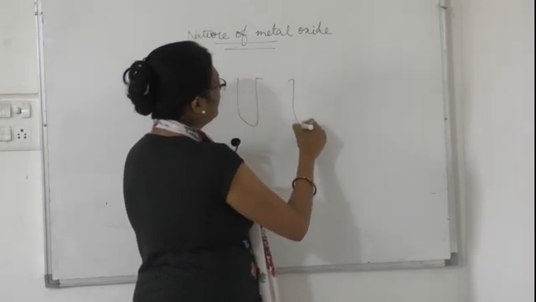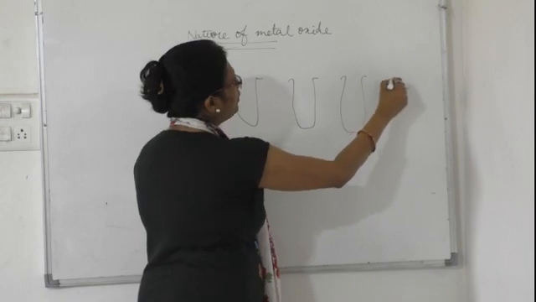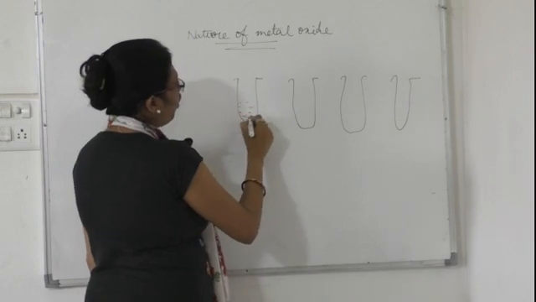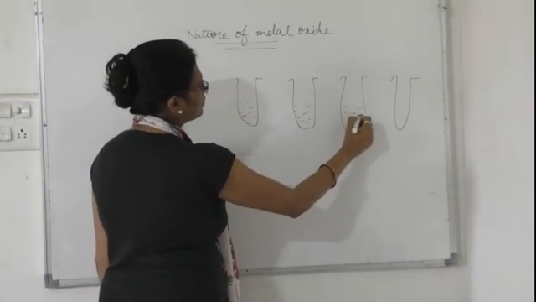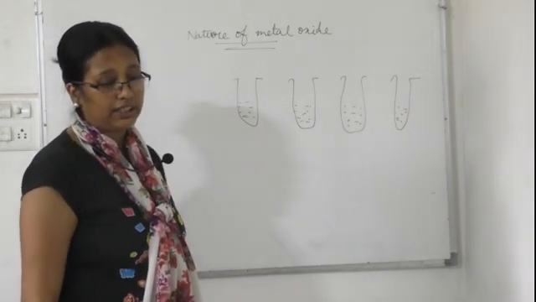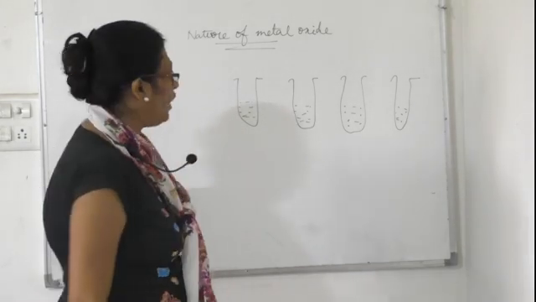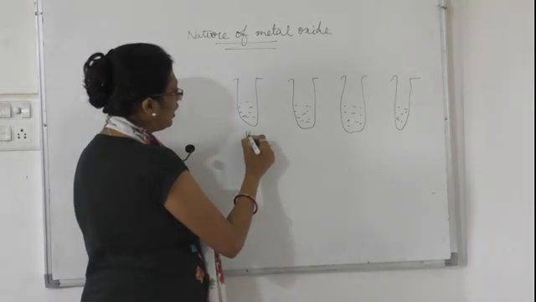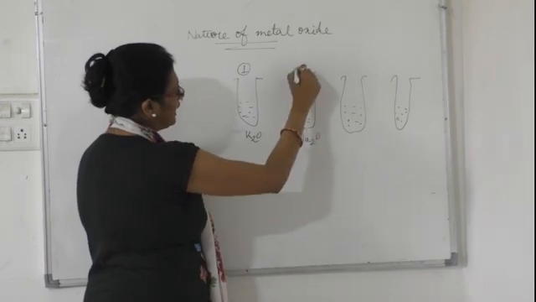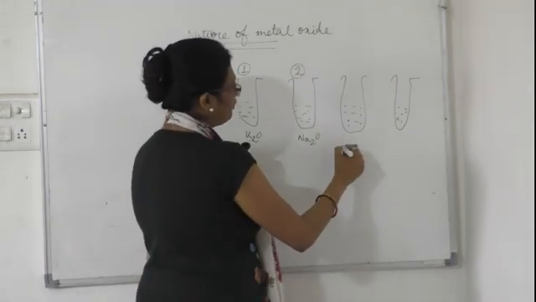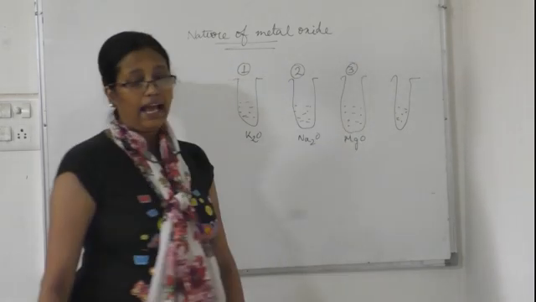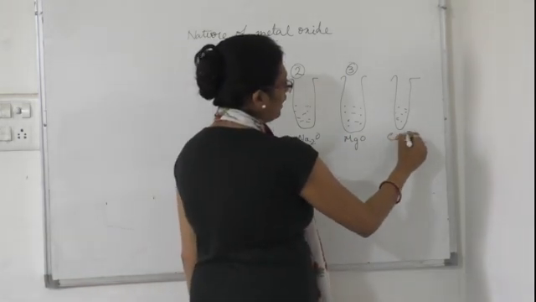We should have 3 test tubes in which you are having water, and now you are dissolving K2O in the first, Na2O in the second, MgO in the third, and CaO in the fourth.